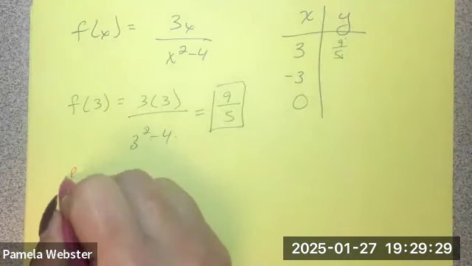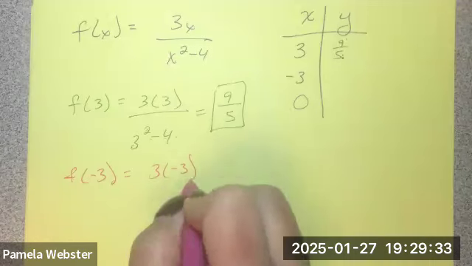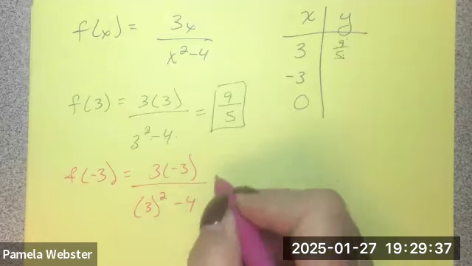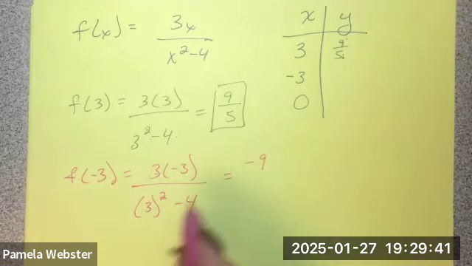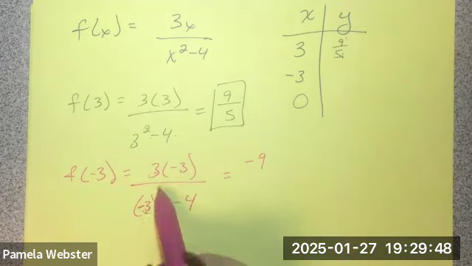So here we go. F of -3 equals 3 times -3 over -3 squared minus 4. Okay, the top is -9. Oh, sorry, that was -3 squared. What happens when I do -3 squared? That's a negative times a negative, right?